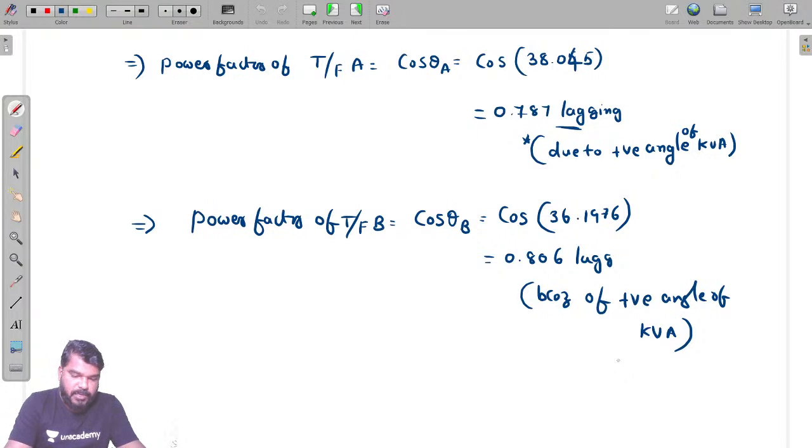X by R ratios of transformer B. It is in ohmic values. If the X by R ratios are equal, then the power factor remains the same.